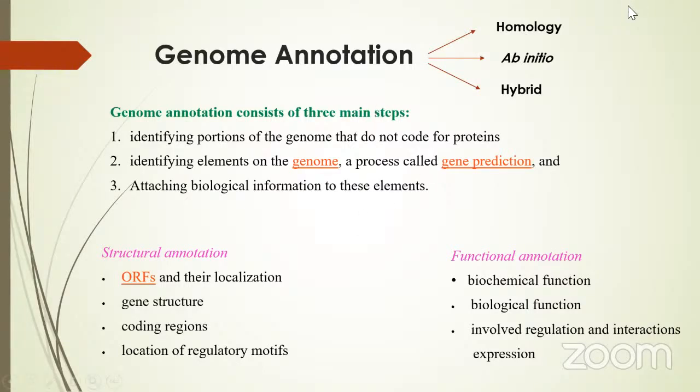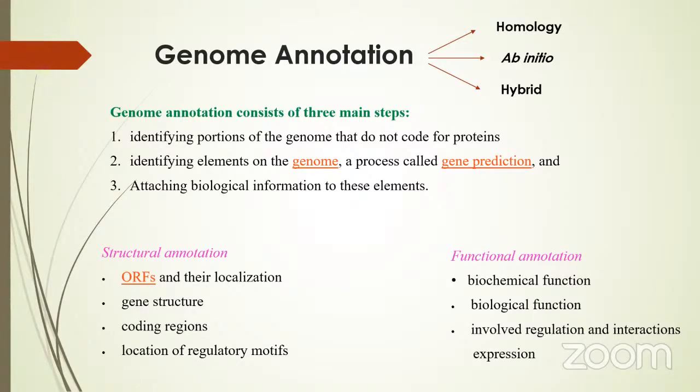So there are three approaches: one is ab initio, another is hybrid, and another is homology. What is homology? Homology means you look for something that looks like one gene. Homology means again comparative. Ab initio means you are looking for something that looks like all the genes. So when you are searching across all the species, that is ab initio.